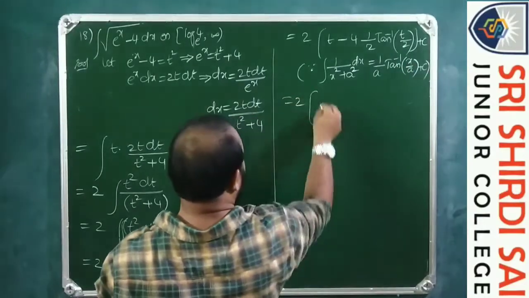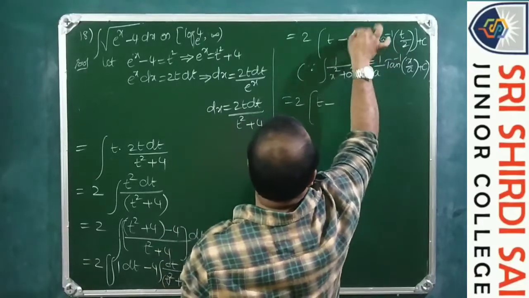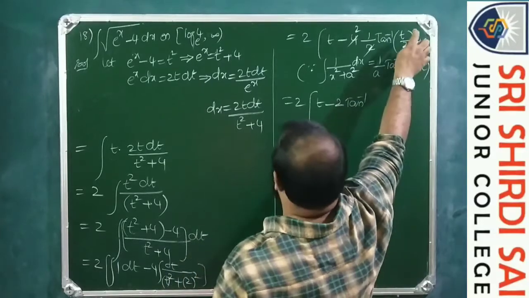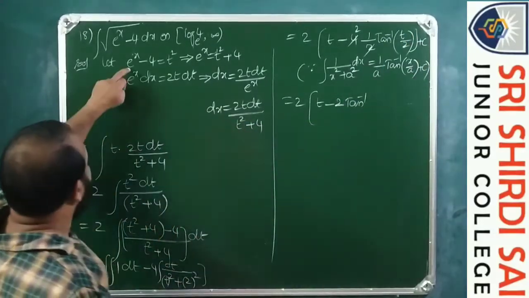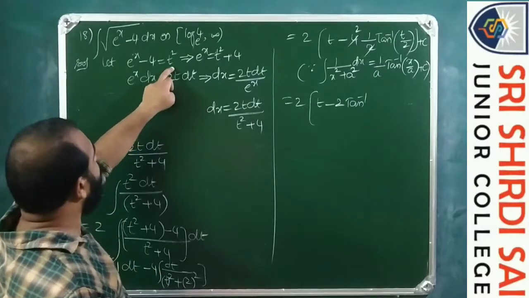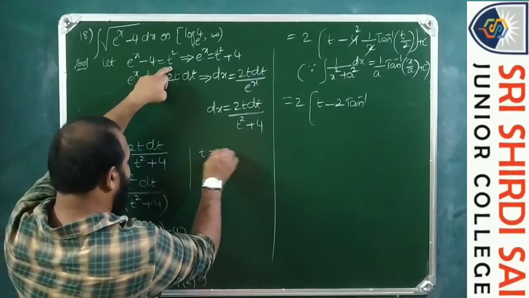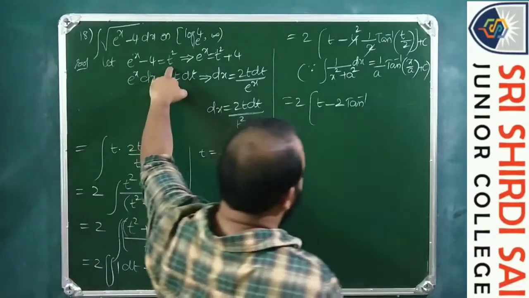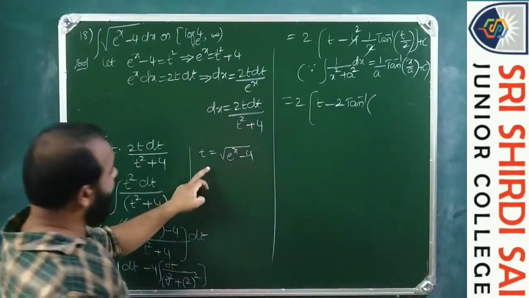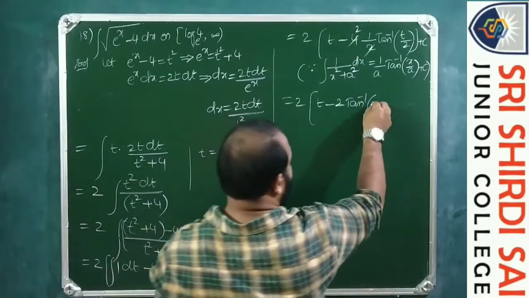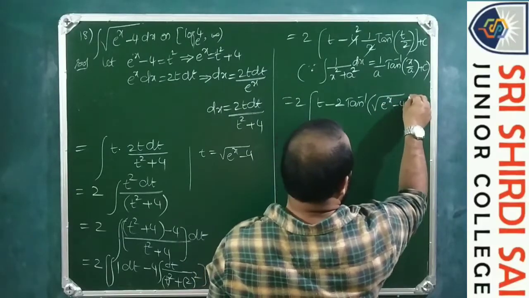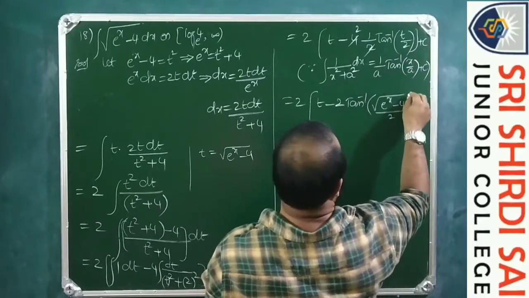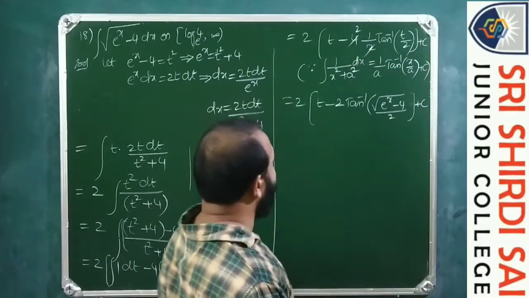So this is equal to 2 times t minus 4 times 1 by 2 tan inverse. The value of t: e power x minus 4 is equal to t square, so t is equal to root of e power x minus 4. So tan inverse of root of e power x minus 4 by 2, plus constant of integration c.